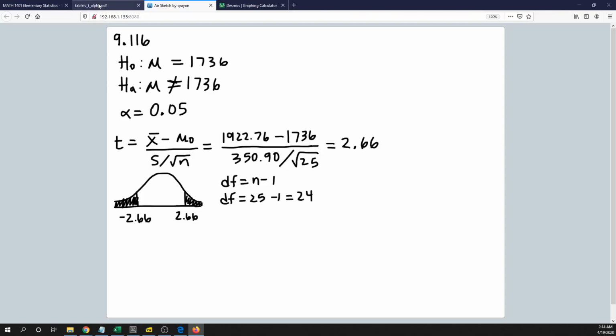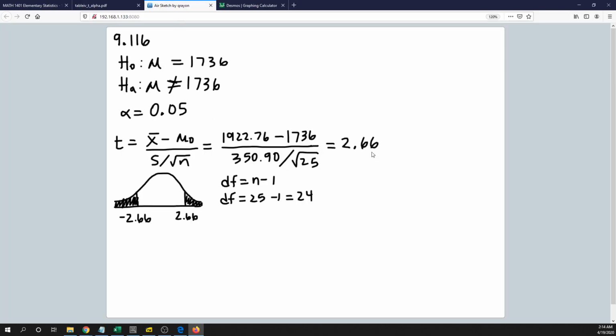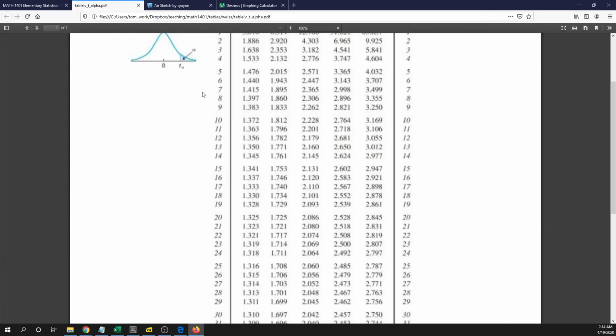Okay, so we're going to go to table 4, to the row for 24 degrees of freedom, and then find where our t-value is located. We skim along here and figure out where 2.66 would be located. It is not one of these numbers, but we can see that 2.66 would be in between 2.492 and 2.797 on that row.